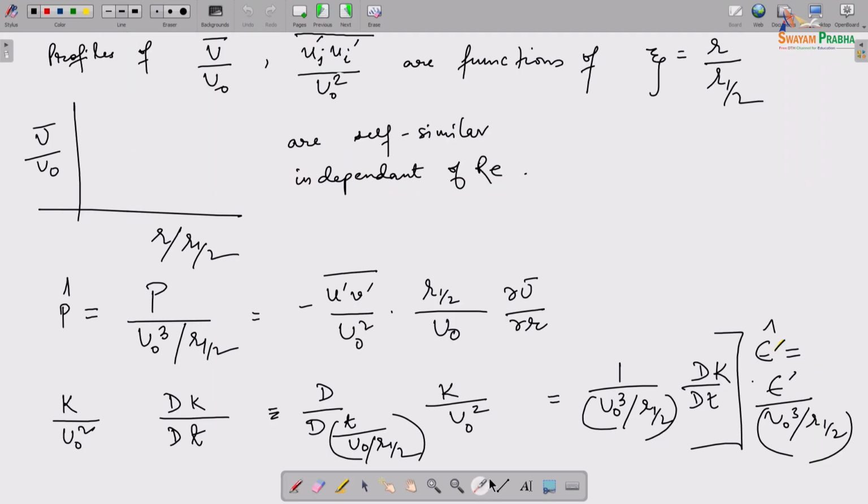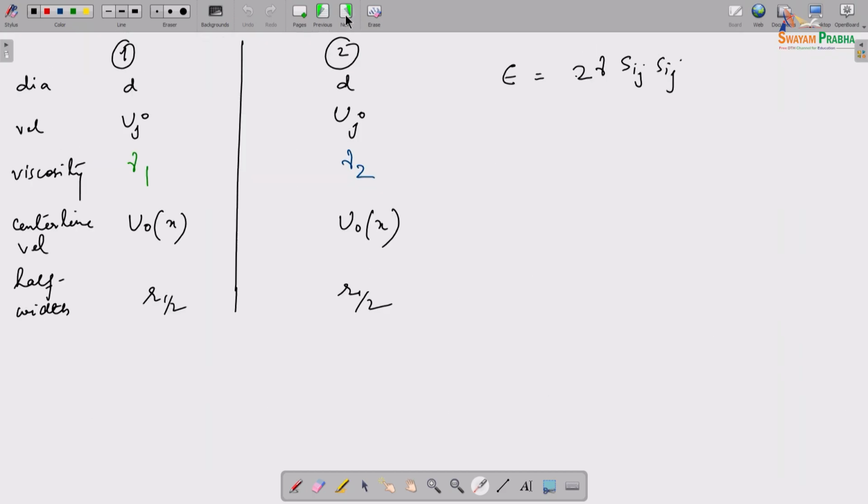So essentially, I said this. So let's say epsilon 1. It's going to scale, so this is the turbulent part. This is going to scale with u naught cubed by r half.